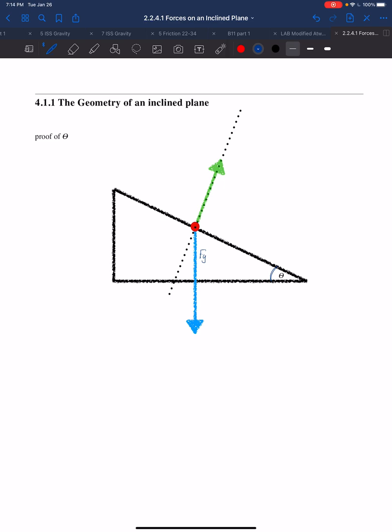Now, what is not so obvious is that if we look at the base of this triangle and the incline, well, this is the horizon. It's the surface of the Earth. And the Earth is very, very large, which makes this a tangent to the surface of the Earth.